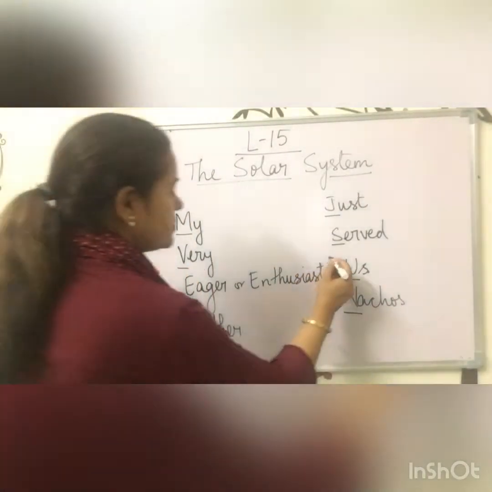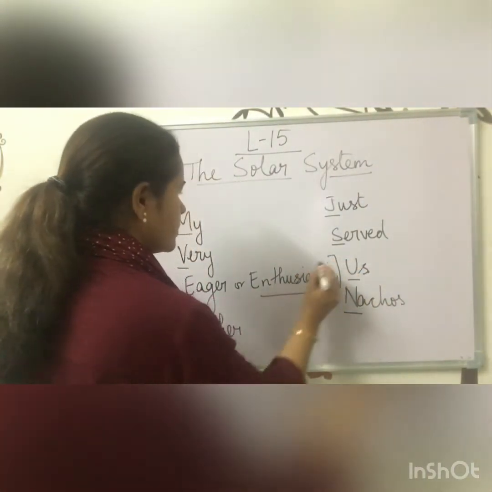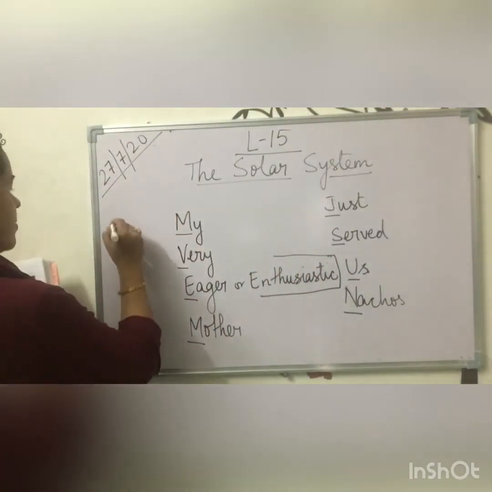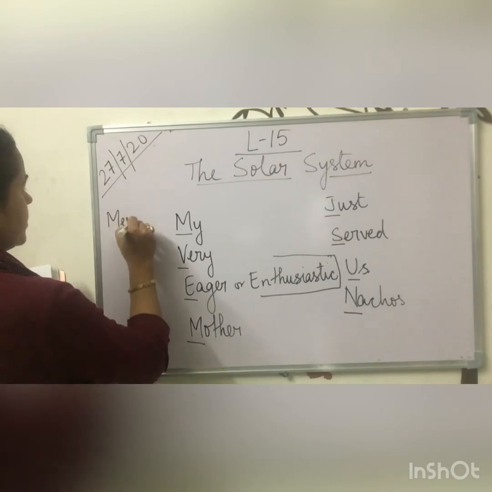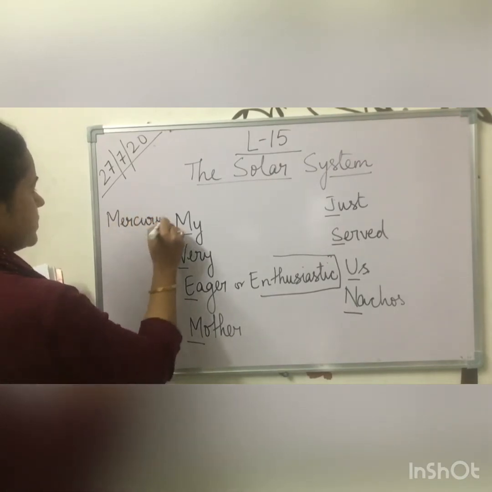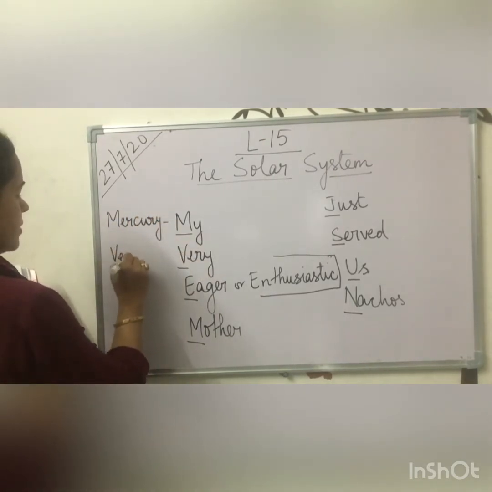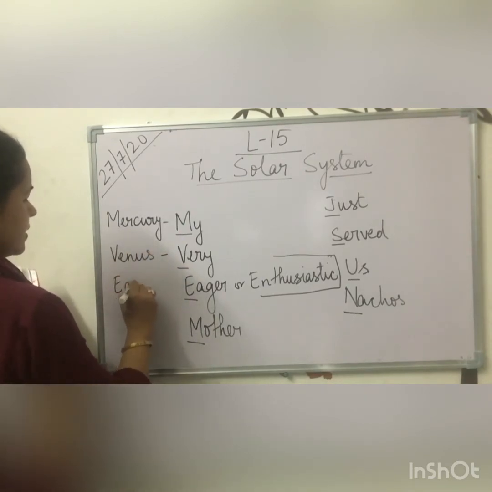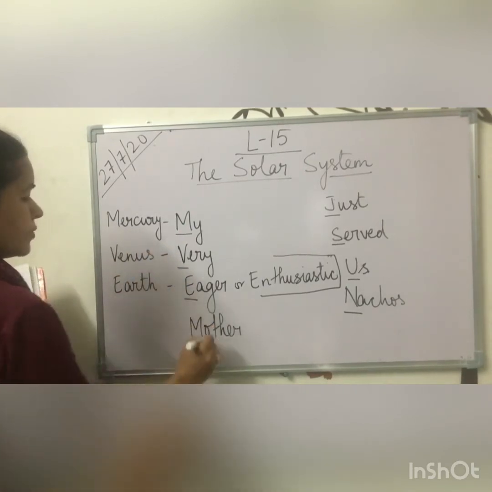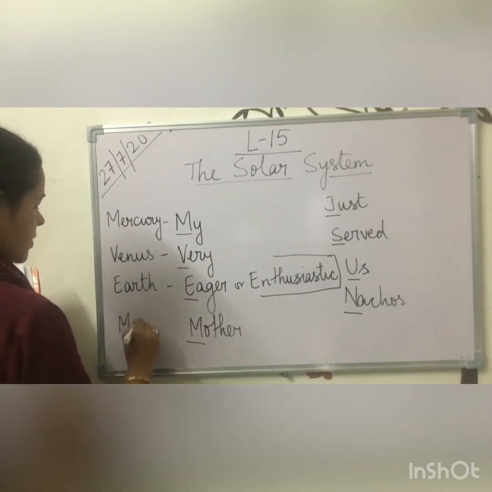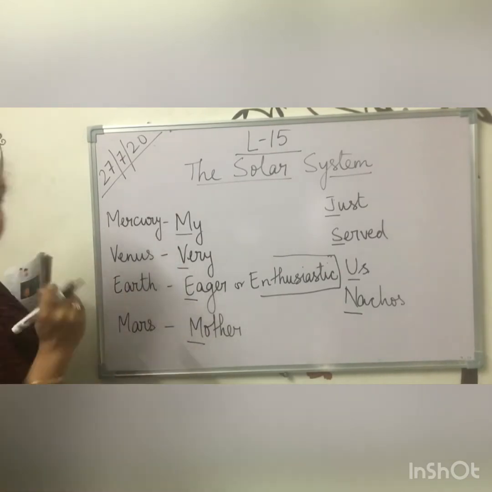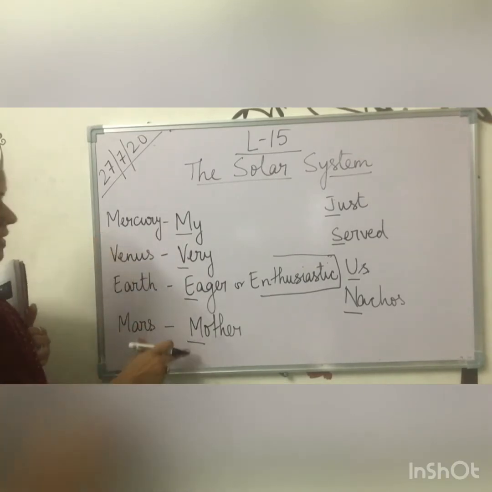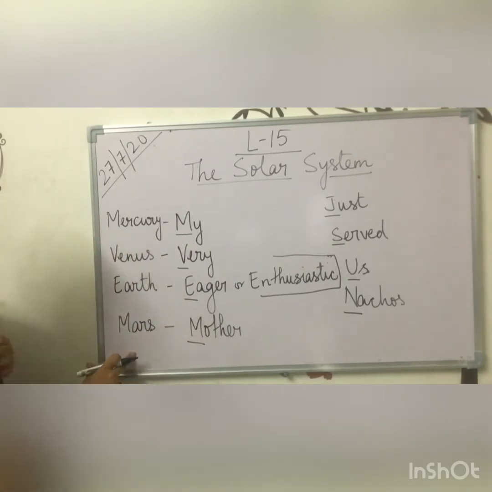Now for M it will be Mercury. For V, Venus. For E, Earth. For M, Mars. So keep in mind, when the first M is there, that means it is Mercury. And when the second M is there, that means it is Mars.